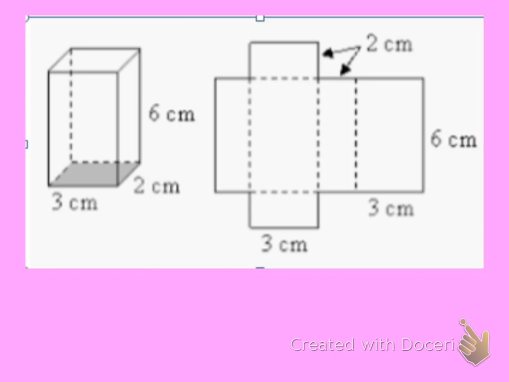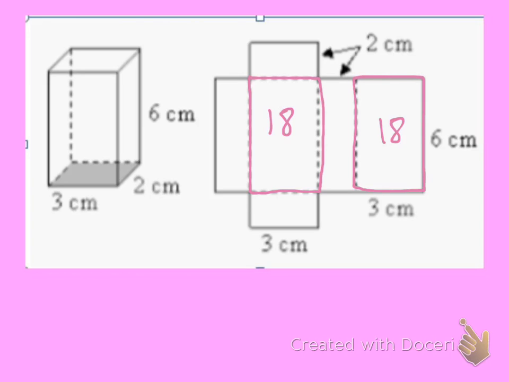So let's start with this rectangle right here. So it has a base and a height of 6 and 3, so that's 18. Okay. And that one's actually going to be the same as this one, right? Yeah, they're the same size. 18. Okay.